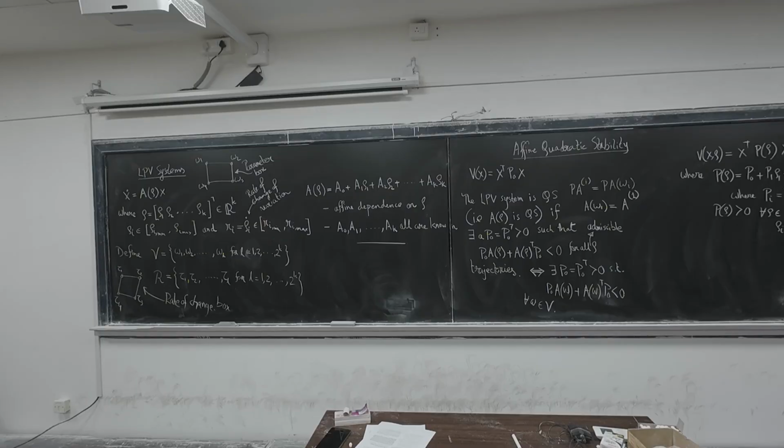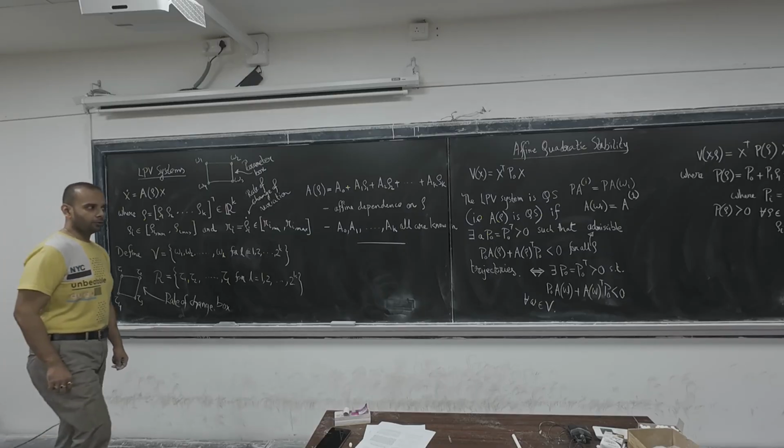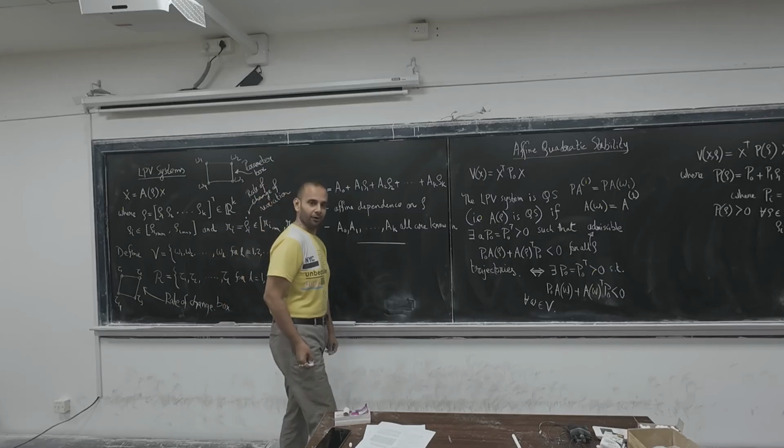First of all, tell me what the definition for affine quadratic stability will be, and then we have to think about whether in the case of affine quadratic stability we can find a tractable set of LMIs. Tractable means solvable, not only solvable but with a finite number of conditions.